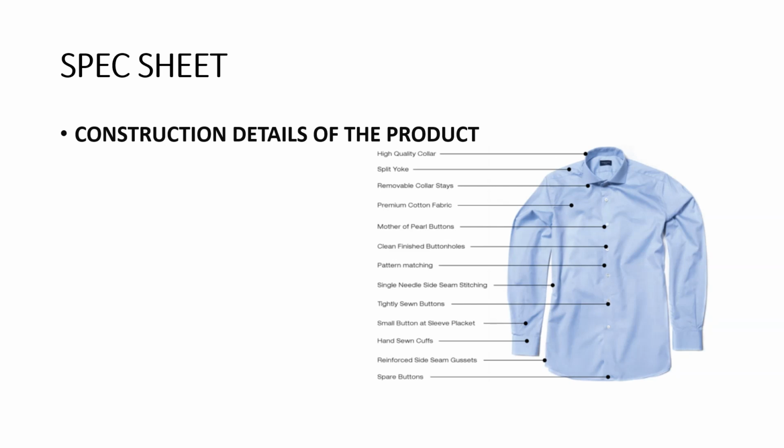So what are the measurement areas, different measurement points, etc. So all things are there in these construction details. What are the ends per inch, what are the picks per inch in the fabric, what is the weight of the fabric. So all sorts of construction details of the yarn and fabric and processing details, everything is there in that.